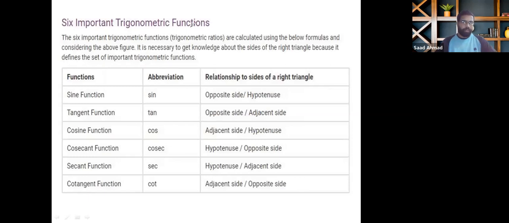The sine is opposite over hypotenuse. Tan is opposite over adjacent. Cos is adjacent over hypotenuse. Some people, to memorize this, sometimes write it like this.